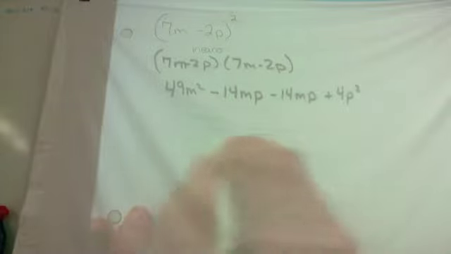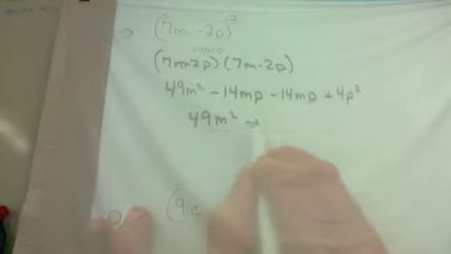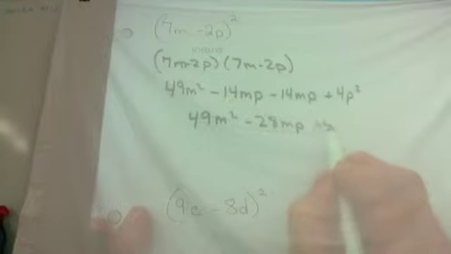Again, my inner terms combine, so I get 49m squared minus 28mp plus 4p squared. All right, good. Now, why don't you guys try this one? You can pause this.